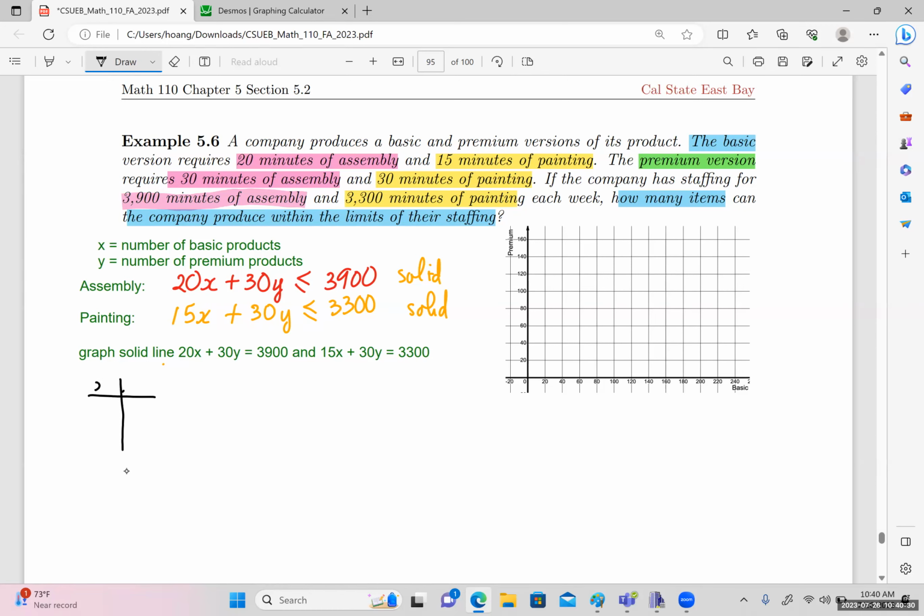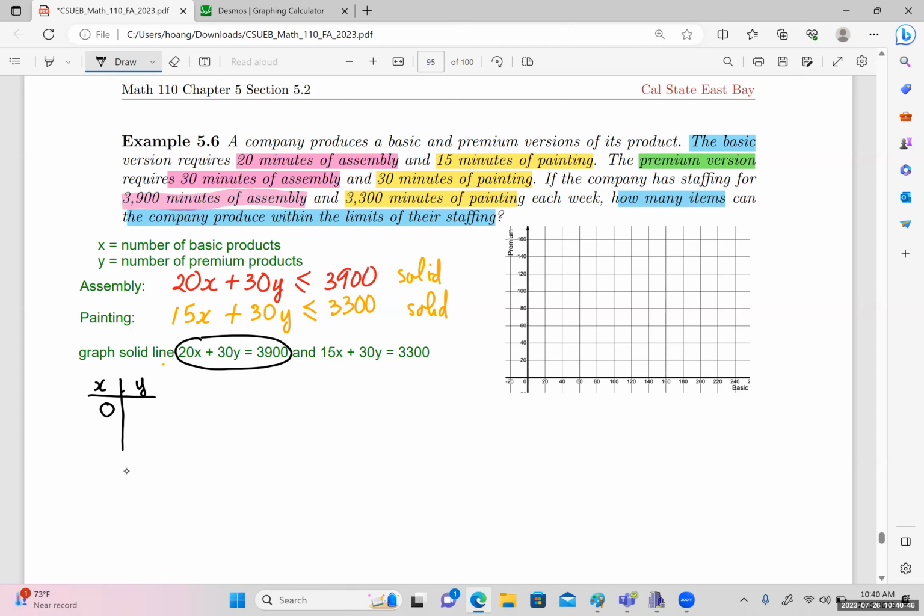See, here's x, here's y. Let's say for the first one here, it's black. So we put down x is 0. What happens with y?